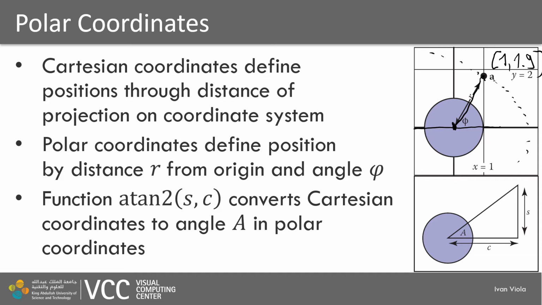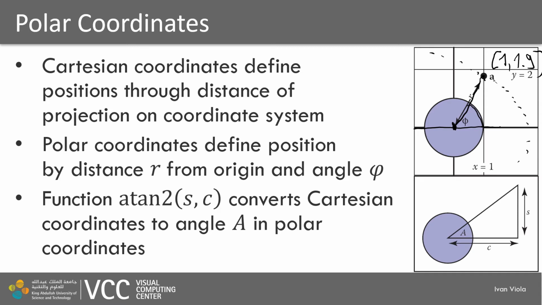The other parameter is the angle phi, which is spanned between the horizontal axis and the vector between the origin and the point A. So this is just another way we can define the coordinates of a point, in Cartesian or in polar coordinates.